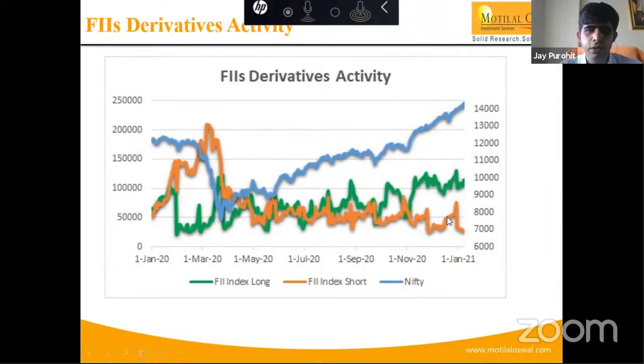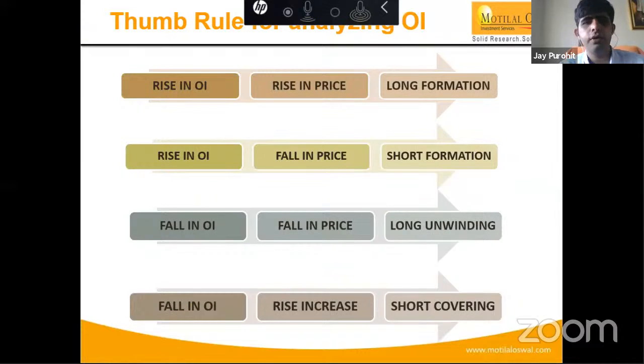Now, if we look at the thumb rule for the OI analysis, there are basically four principles with relation to the open interest and price. When the open interest increases along with the rise in price, it indicates the long build-up.